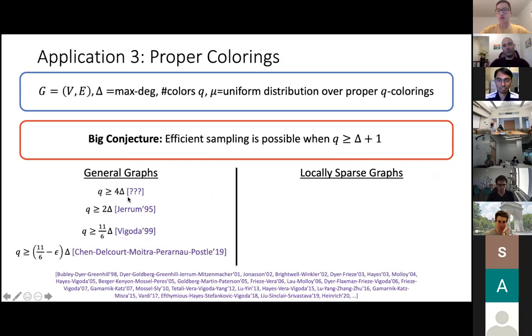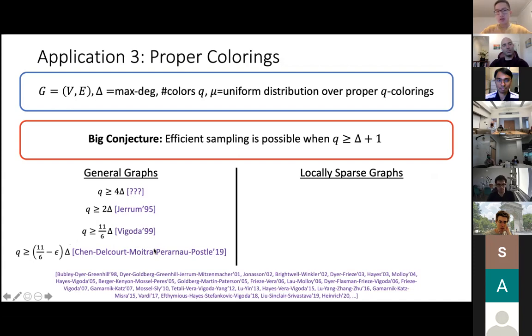The first line of work tries to show that for all graphs of maximum degree delta, you can get fast mixing with gradually improving thresholds on the number of colors Q. Over the years, this has been brought down to 11/6 minus some small epsilon times the maximum degree, and we're stuck here.